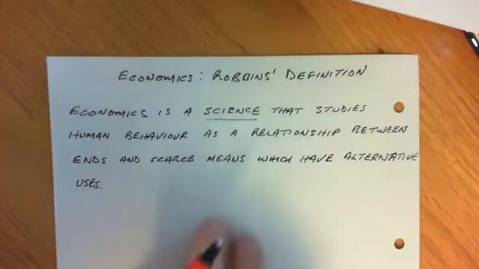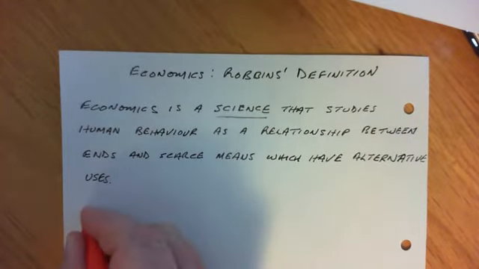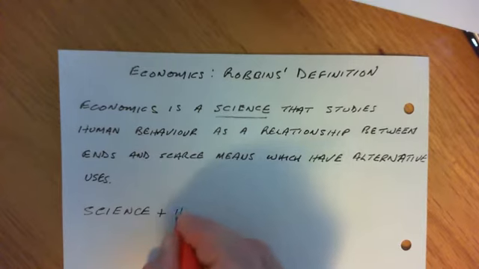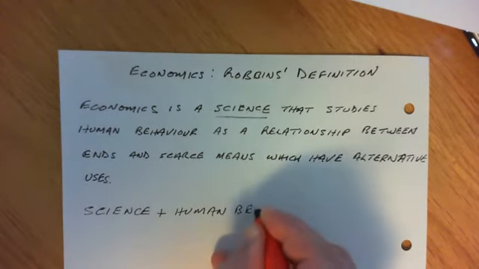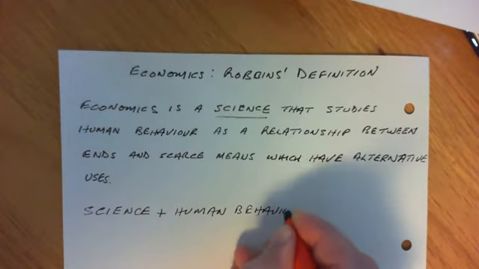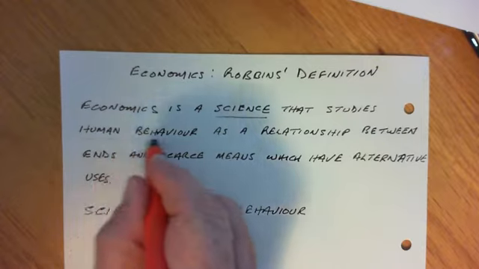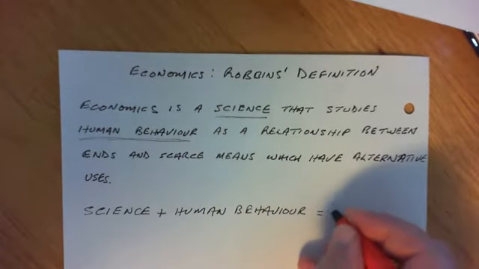For a start, before we truly get into it, we can note here immediately that science plus human behaviour, which is the next bit along, this bit down here, science plus human behaviour is equal to social science.